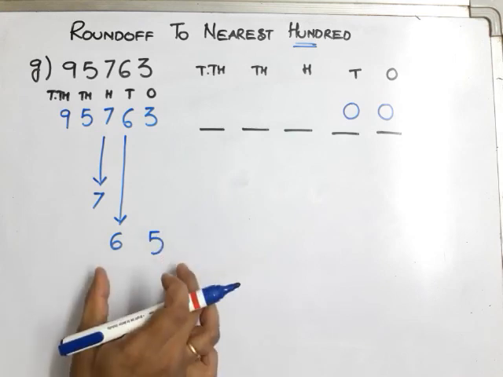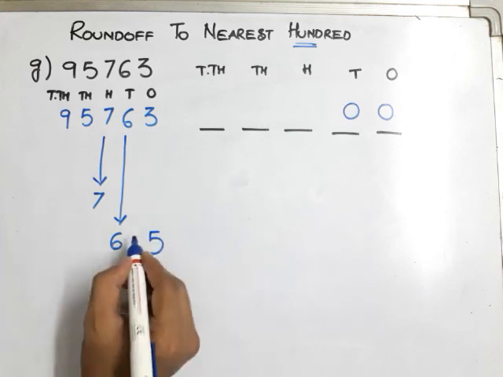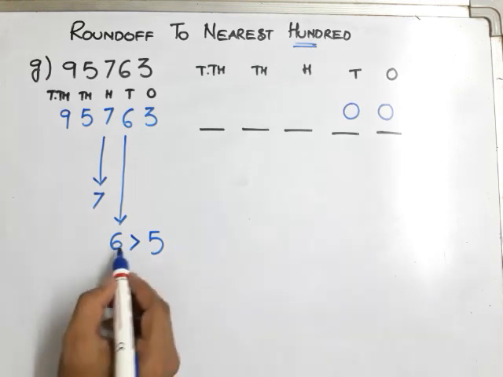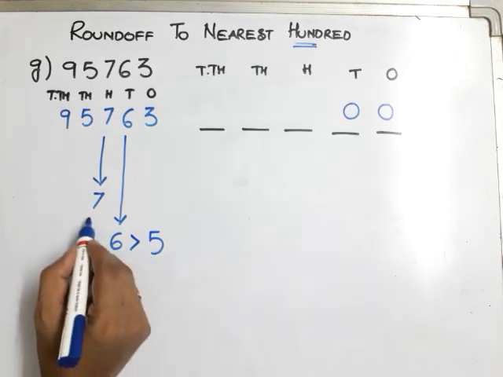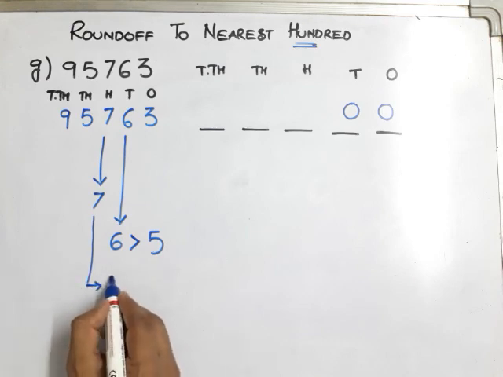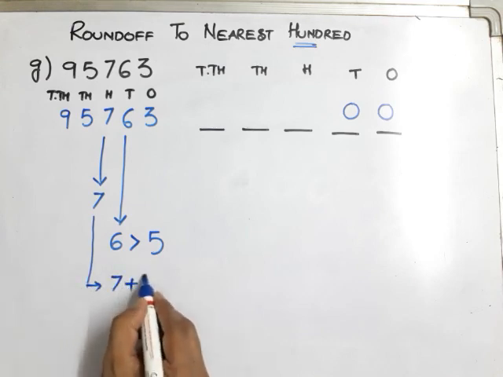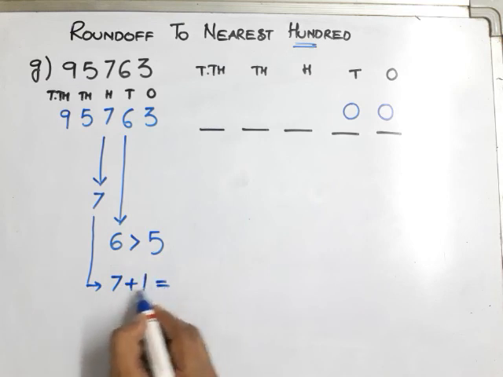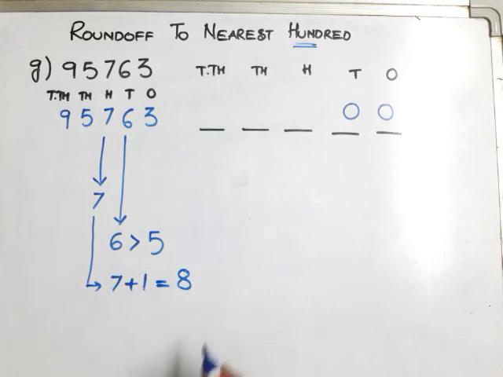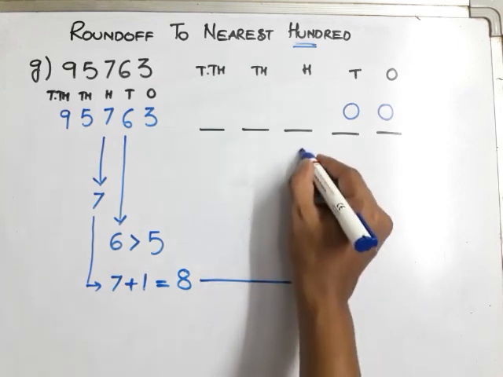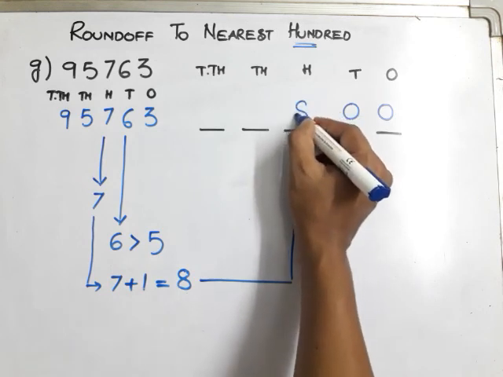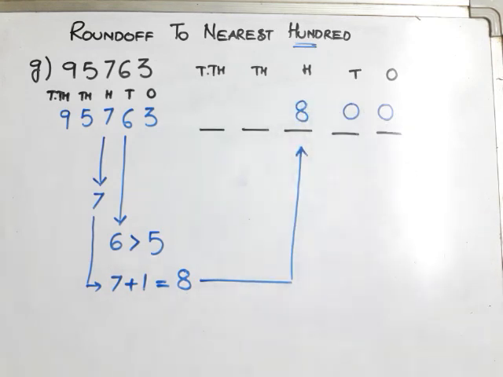We have to compare with 5 only. 6 is clearly greater than 5. Then we have to add 1 to this 7. Upon adding, 7 plus 1 is 8. This 8 will occupy the hundreds place of the rounded off number.